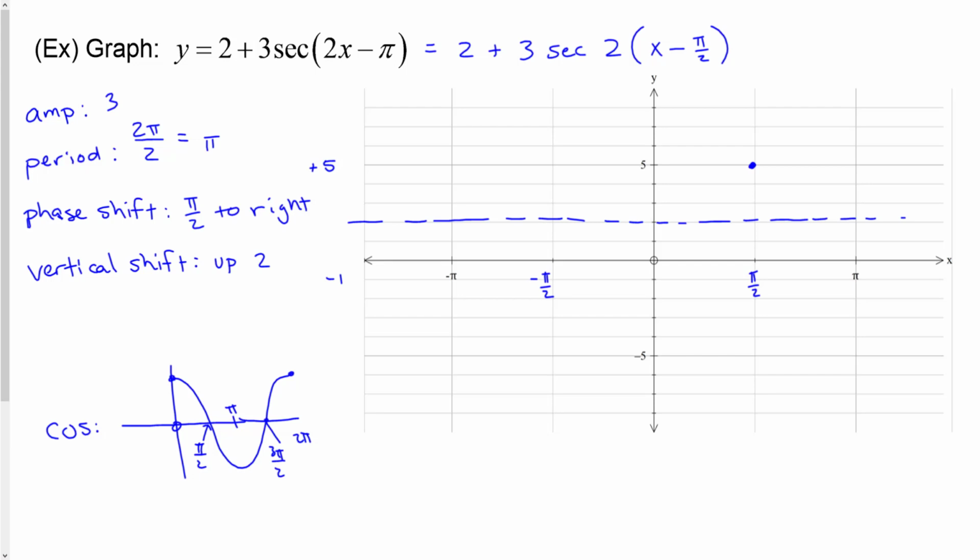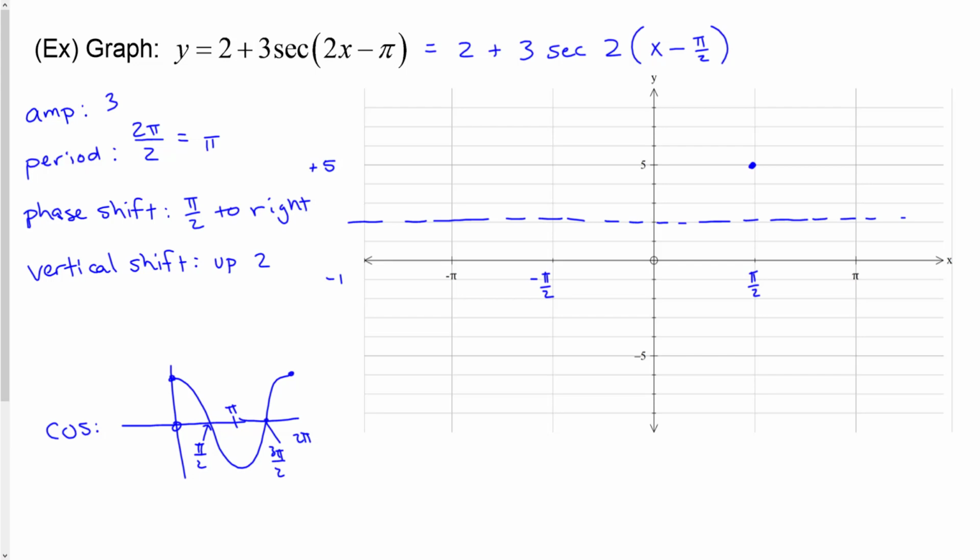Now, the period change. Everything's going to wrap up by pi units. So instead of wrapping up at pi over 2 units past 2 pi, it's not going to be that far away. So I have to account for this. A good way to do this is something like the chart that I showed you before.